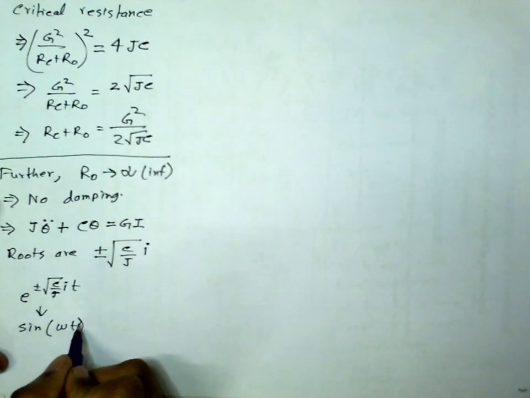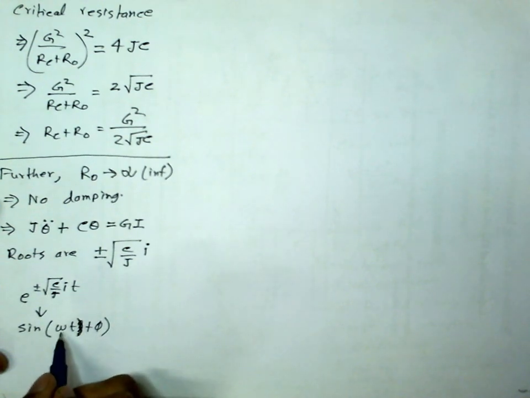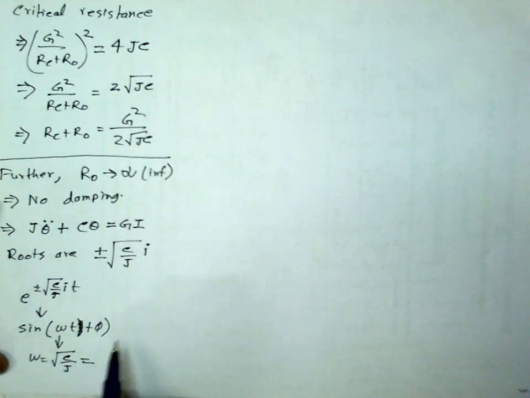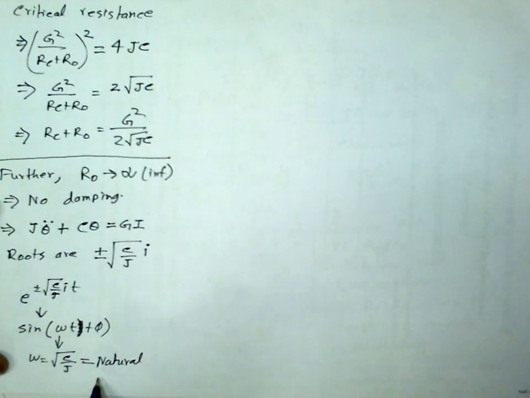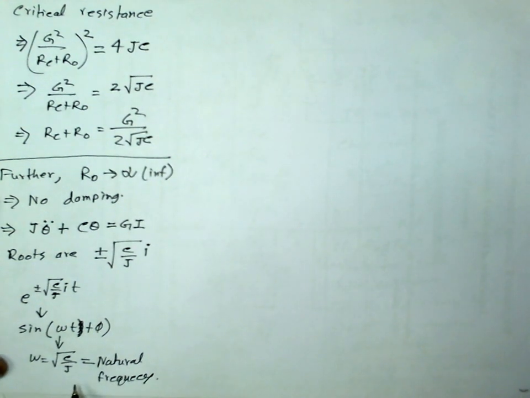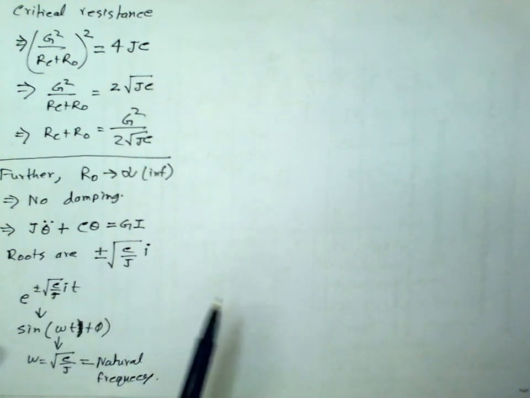It can also have some phase, etc. But this omega will be this root over C by J. Okay, so that's what we call the natural frequency, or the frequency at which the instrument oscillates when there is no damping at all.